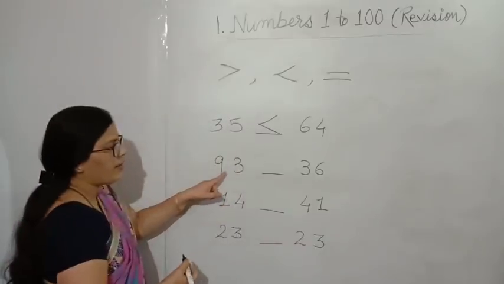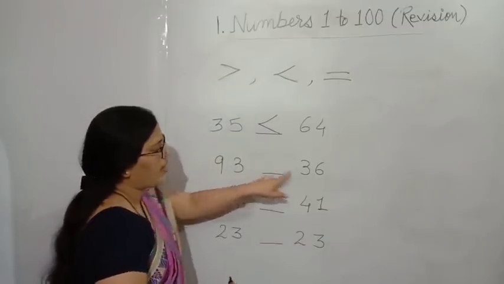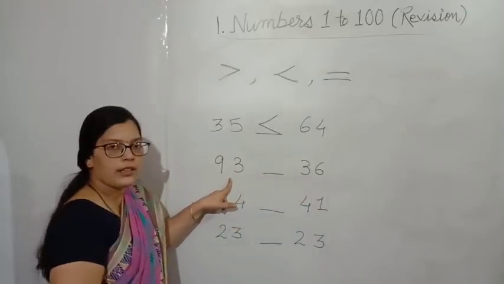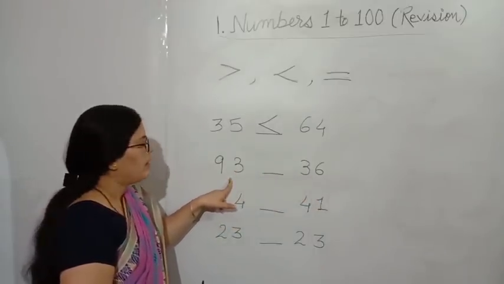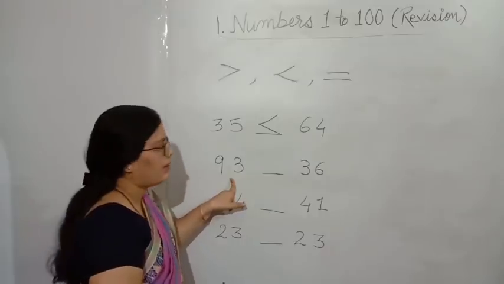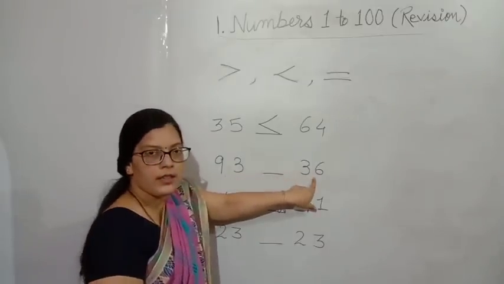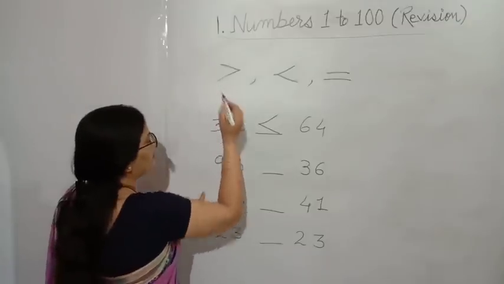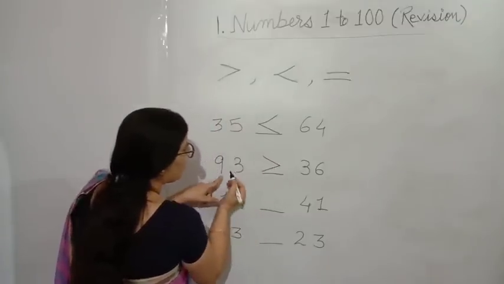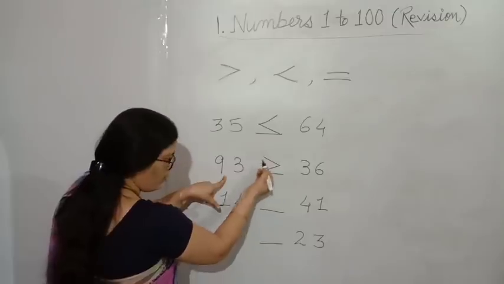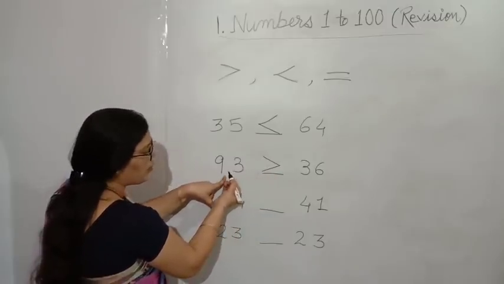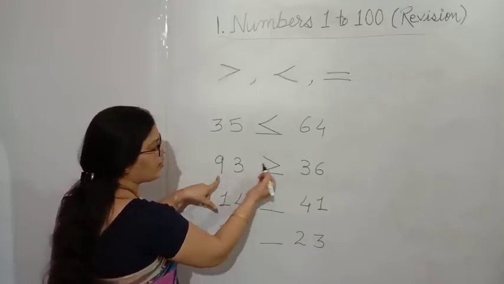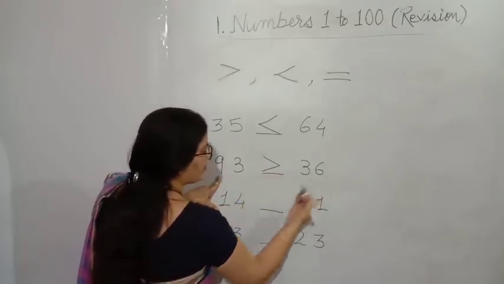Now here compare 93 and 36. Is 93 smaller or bigger? Yes, it is the bigger number, and 36 is the smaller number. So we'll use the greater than sign. The mouth of this sign will remain open towards 93. So 93 is greater than 36.